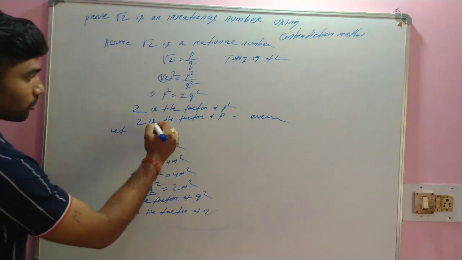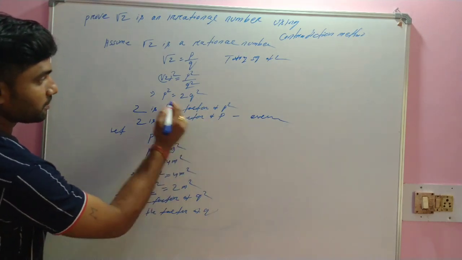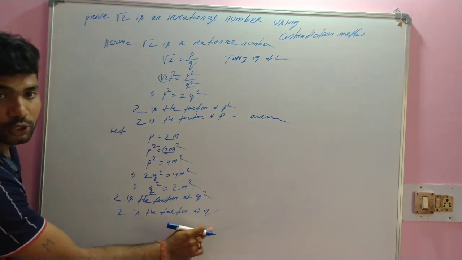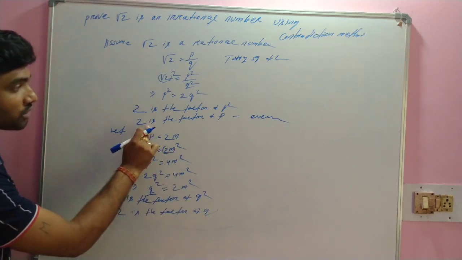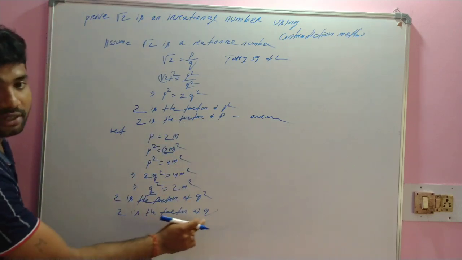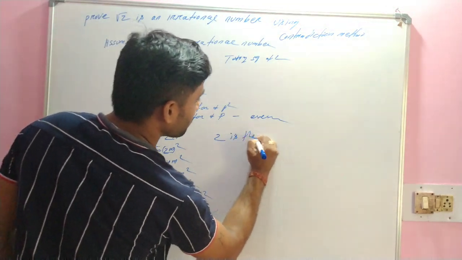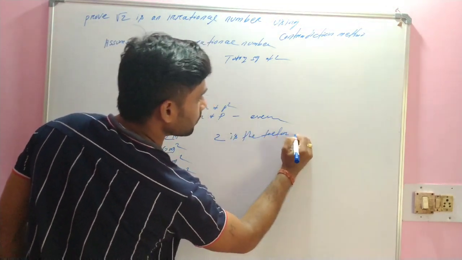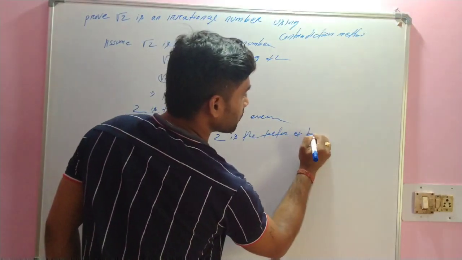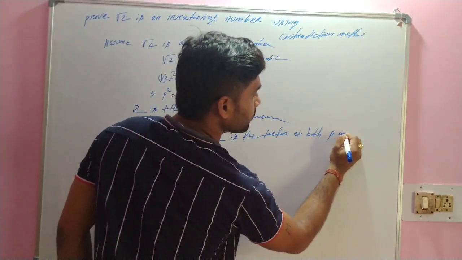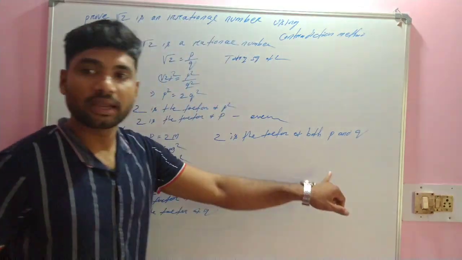So p is divisible by 2, q is also divisible by 2. So 2 is a factor of both p and q.